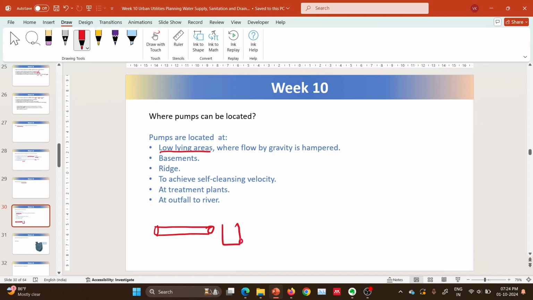They have household sewers at the basement. Suppose it is a basement, so they have sewer lines at this level. You need to pump it, and then it can be brought again to the ground level. So for a low-lying area or basement, we need to provide pumping.